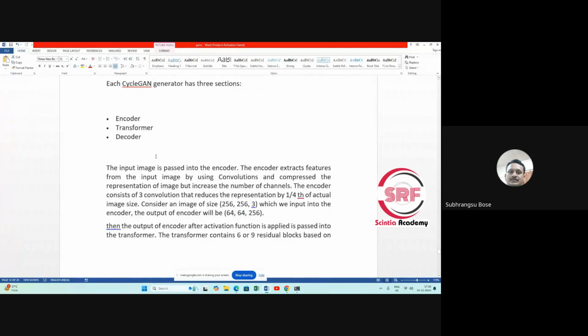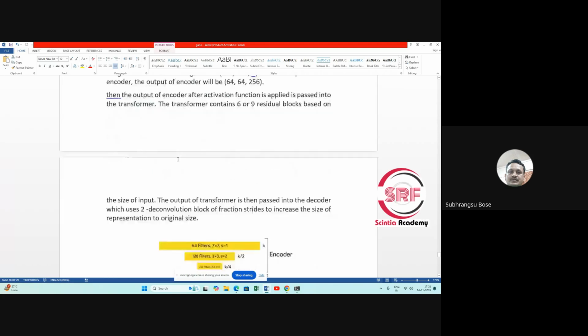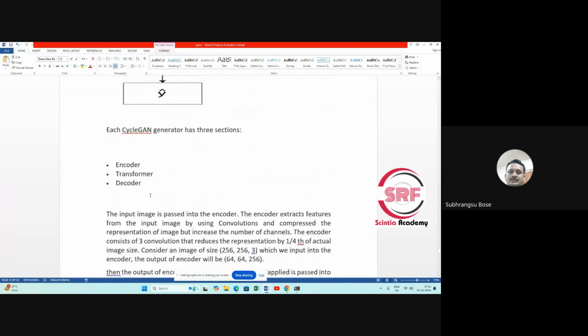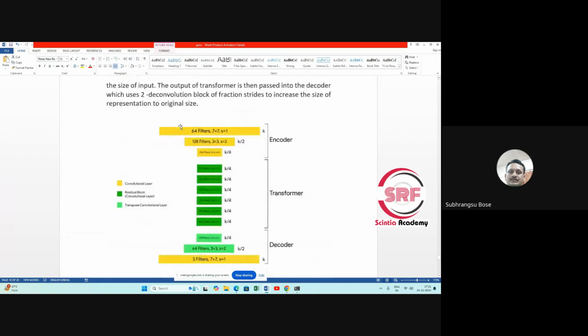Then, in summary, we can conclude that in each cycle GAN the generator is a three-part system: the encoder, the transformer, and the decoder. What is the encoder? Encoder is the first one.